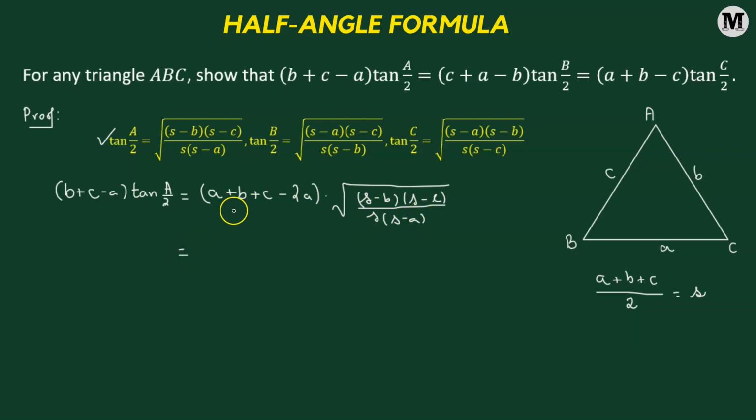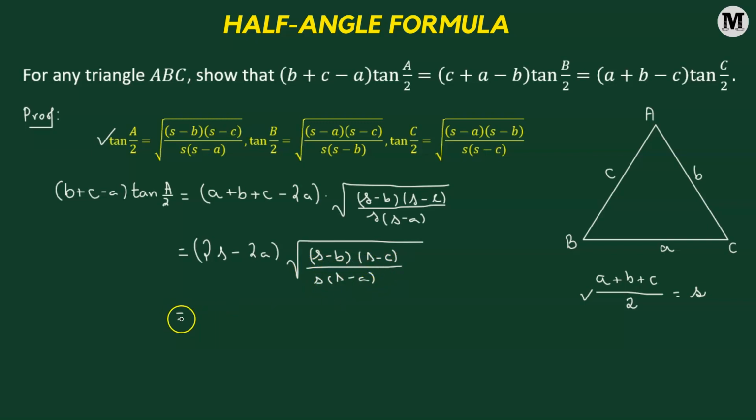This will be equal to, now a plus b plus c, if we use this formula, is 2 times the semi-perimeter, so we get (2s minus 2a) multiplied by the square root of (s minus b) times (s minus c) divided by s times (s minus a). That will be equal to 2 times (s minus a) multiplied by the square root of, now let's do one manipulation here.